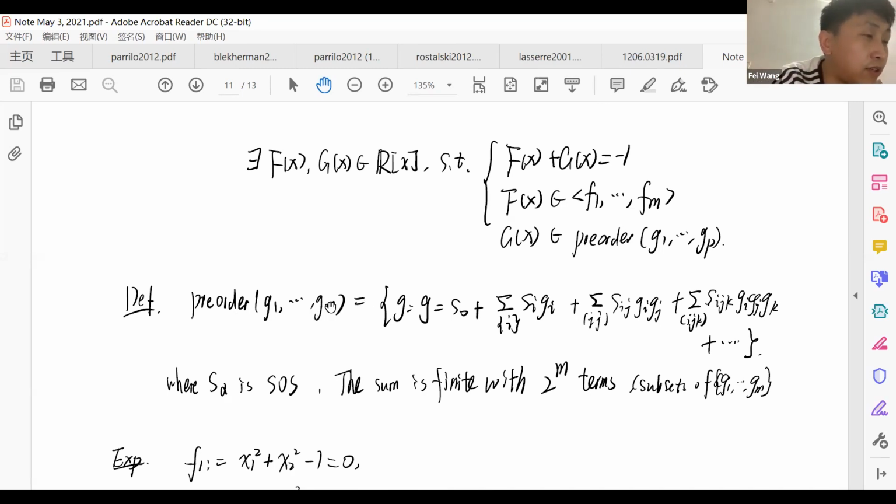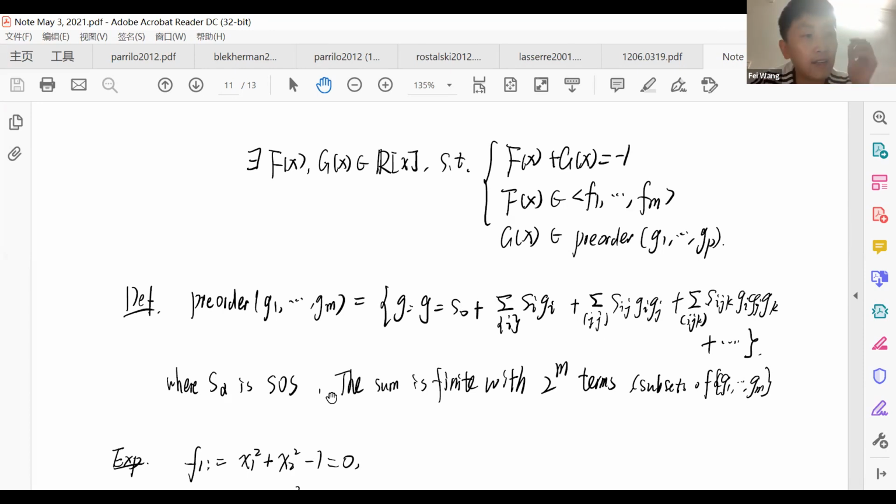The preorder of g1, g2, ..., gm consists of all the polynomials g such that g is s0 plus the sum of si times gi, plus the sum over i, j of sij times gi times gj, plus the sum of sijk times the product of three, gi gj gk, and so on. All these coefficients s0, si, sij, sijk are sums of squares.